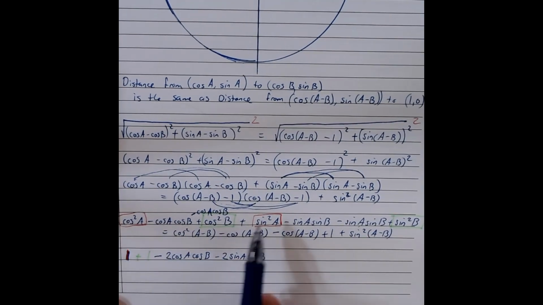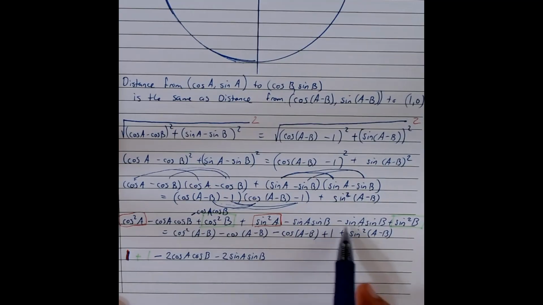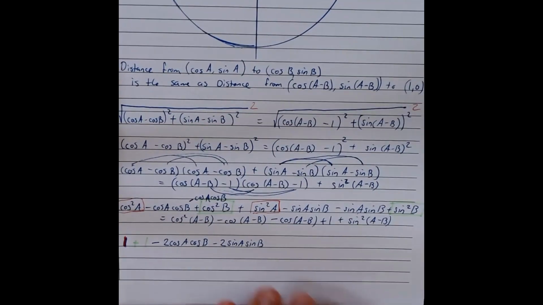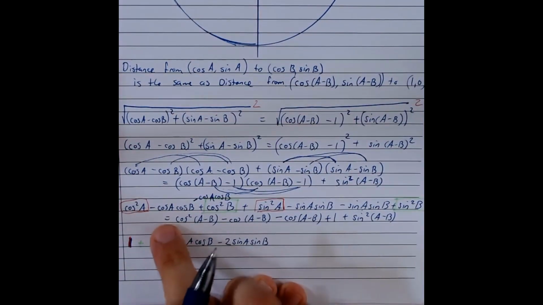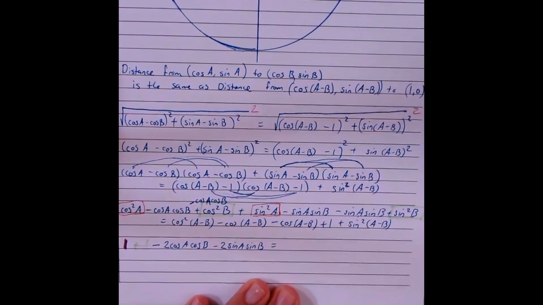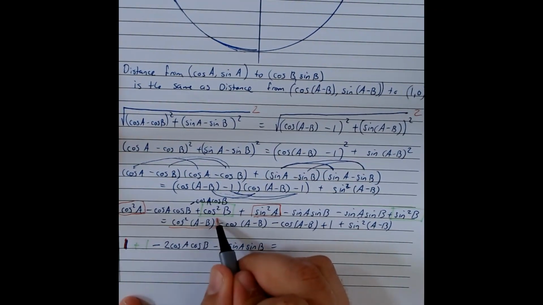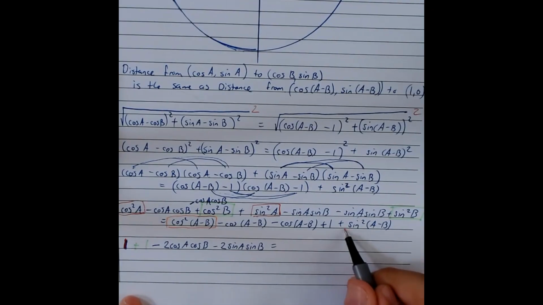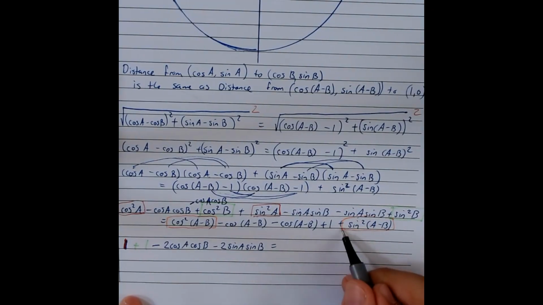So now these have combined to give me the number 1 in red. These in green have combined to give me the number 1 right here in green. These two combine to give me this, and these two combine to give me this. So things are a lot smaller now. And now I still have the other side of my equation, so I can write equals. We'll notice right here, cosine squared of A minus B plus sine squared of A minus B.